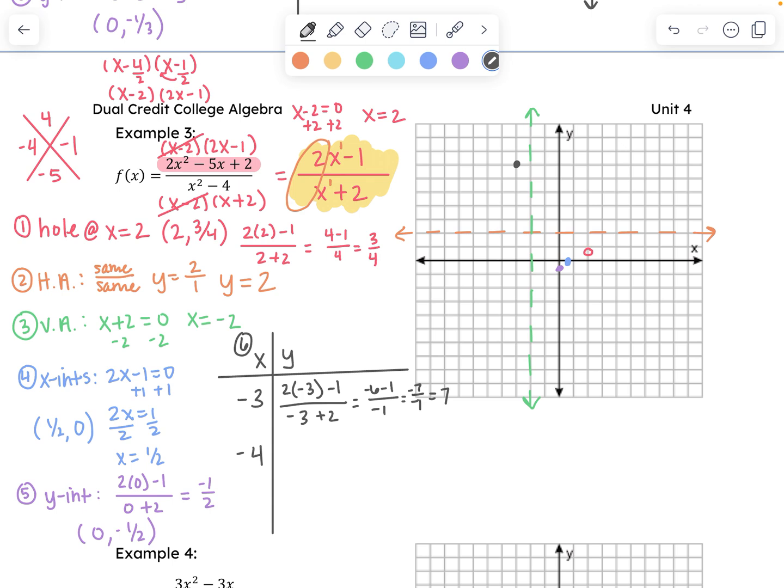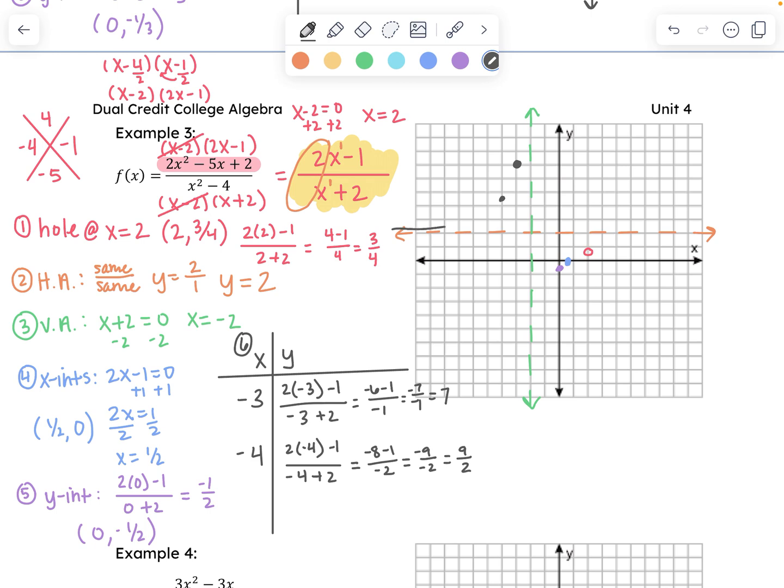Go up here. If I plug in -4, I have 2 times -4 minus 1 over -4 plus 2. So -8 minus 1 over -2. So -9 over -2, which would give me 9/2 because the negatives cancel. So -4 and then 2, 4, 6, 8, 9/2 would be right there.